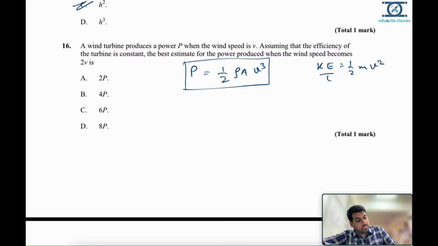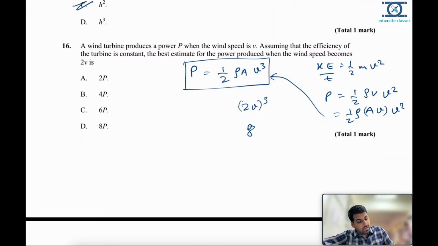So kinetic energy per unit time will be power, which will be half mass, written as density into volume, into v square. Volume can be written as area into velocity, into v square. So this is half rho A v cube. Now if the velocity is twice, so 2 v cube will be 8 v cube. So the power will be 8P. So option D is the right answer.